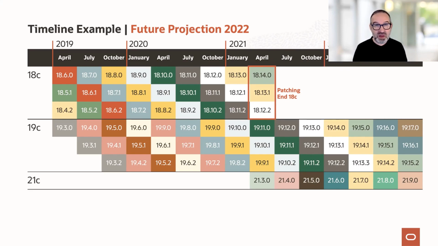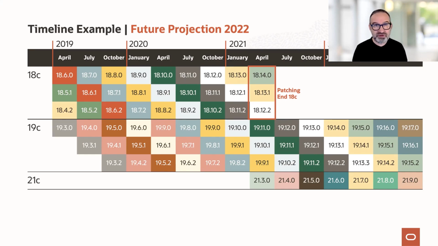But first of all, be aware that patching for 18C strictly ends with the April bundle patches. So April 2021, that's not far away, actually, from now on. And there won't be any bundle patches. As far as I'm aware, the patching generally for 18, the premier support, will end at the end of June this year.